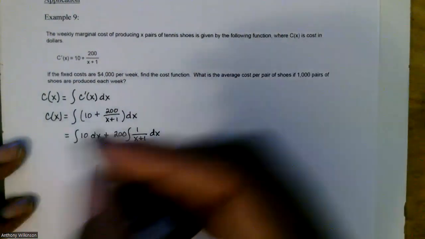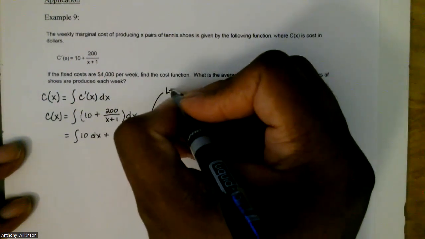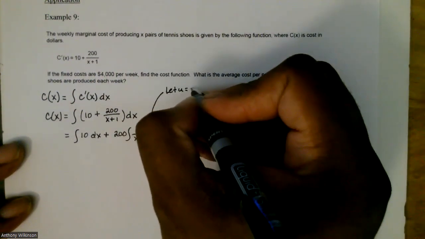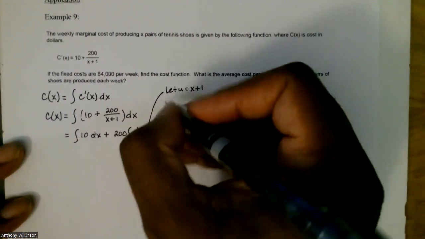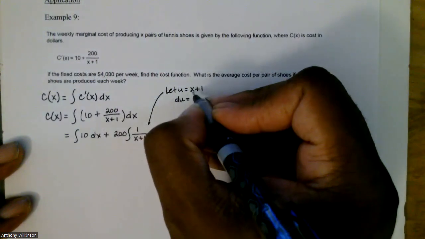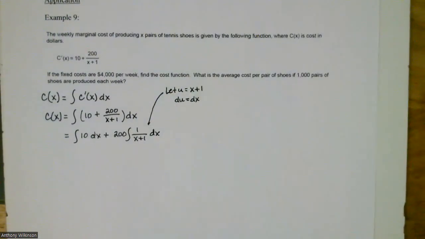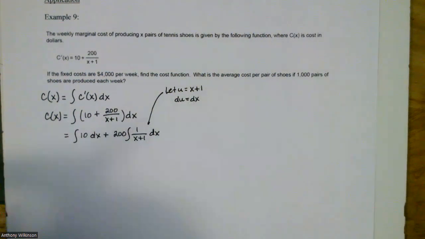Now for this, we can use an appropriate u substitution. So here I'm going to let u equal to the denominator of x plus 1. Then that means du would just be equal to 1 dx, or just dx. The derivative of x is 1 and the derivative of 1 is 0. So du then will be equal to dx, which is exactly what I have here.